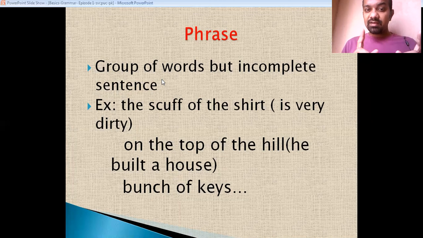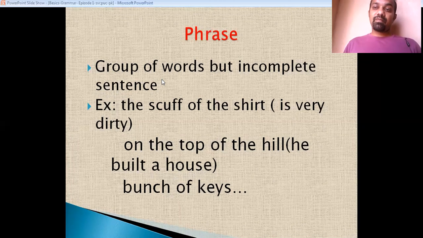If we say the cuff of the shirt is very dirty, now it makes sense. On the top of the hill, what does it really mean? On the top of the hill is what? What is there? He built a house. So this makes sense.